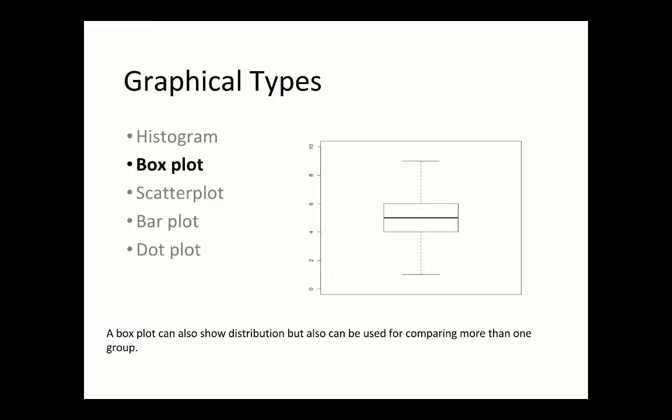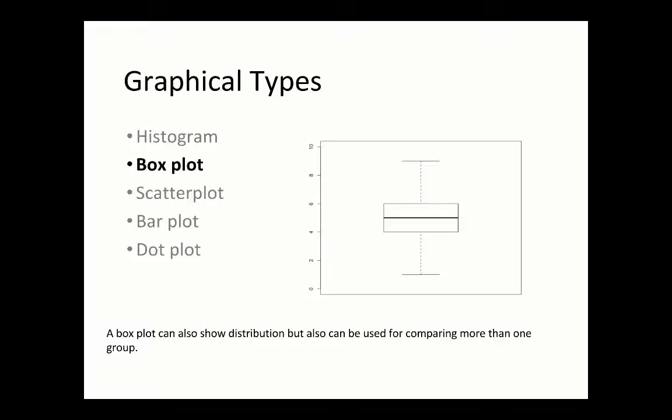Another component of this is if there are dots above and below the boxes, these dots typically represent potential outliers. Now, an outlier is a value that is far away from other values. For instance, if the age of 250 years old were present in the data, this would represent a potential outlier.